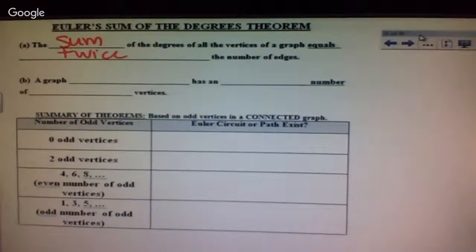Or we can always say a graph always has an even number of odd vertices. So in other words, I can't have a graph that has only one odd vertex. I cannot have a graph that has only 3 odd vertices. There has to be an even number of odd vertices.